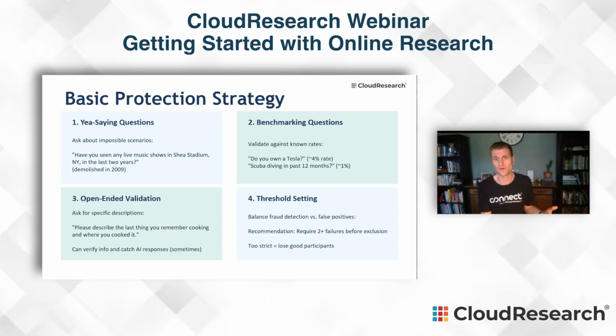Some studies are exploratory. Others are more seeking to confirm a hypothesis. And anytime it's really, really important to make sure people are paying attention and doing a good job and that you're gathering high quality data, you can set a more strict threshold, requiring people to say, pass all of your attention checks. Instead of if the study is more exploratory or you have a little bit more room for tolerance, you can let people fail maybe one or two of these questions.